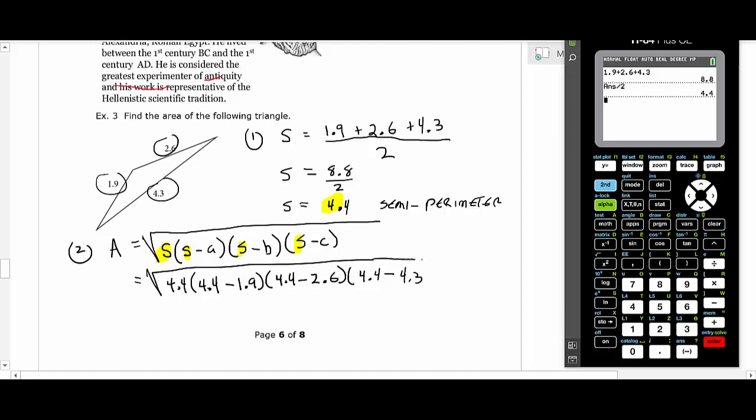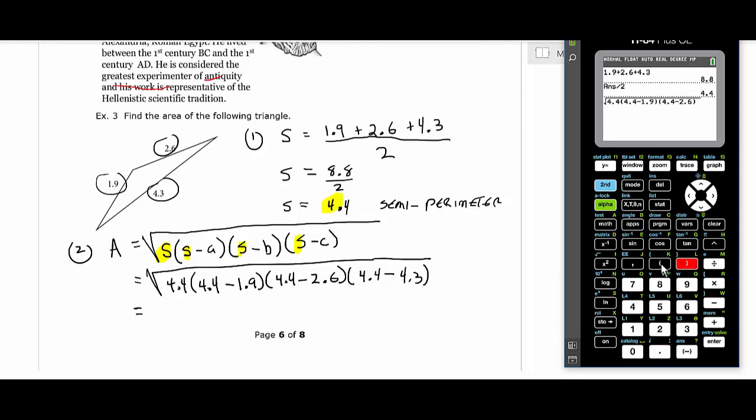You can put that all in one step on your calculator, which is what I'm going to do on this problem. So I'm just going to do the square root, and then under that radical you'll have 4.4, and you might as well just let the calculator crunch it all out. So 4.4 minus 1.9. Be sure you close parentheses in each part. Then 4.4 minus the other side, 2.6.